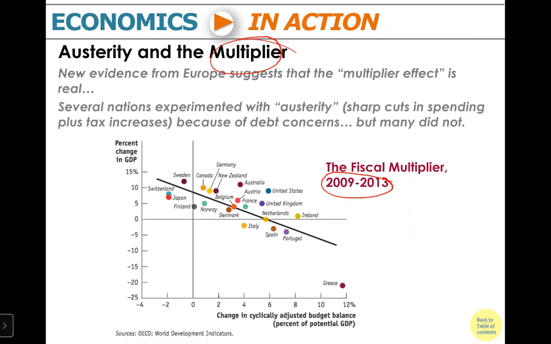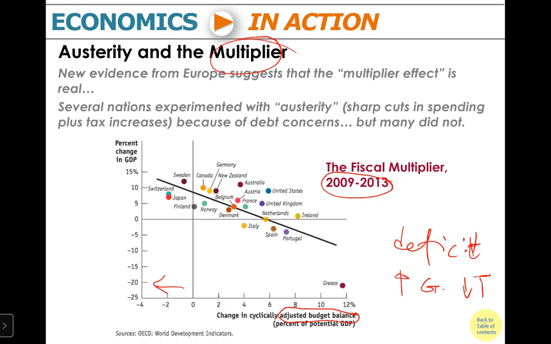on the horizontal axis is the cyclically adjusted budget balance. If it's negative, you have a deficit, meaning the government increased spending or decreased taxes.